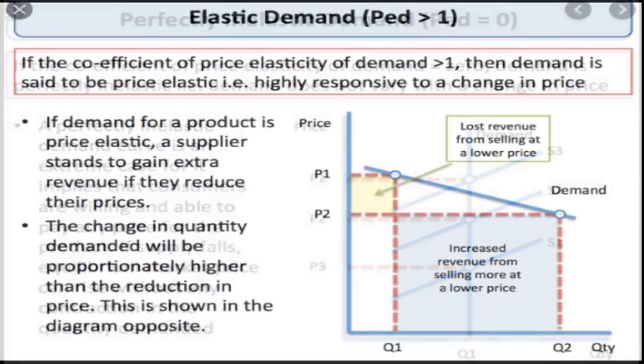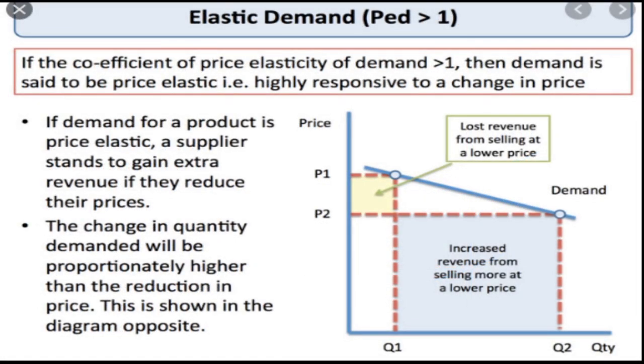Now we will see elastic demand or relatively more elastic demand. So what is relatively more elastic demand? If a proportionate change in price leads to more than proportionate change in quantity demanded, then we can say this is relatively more elastic demand or elastic demand.